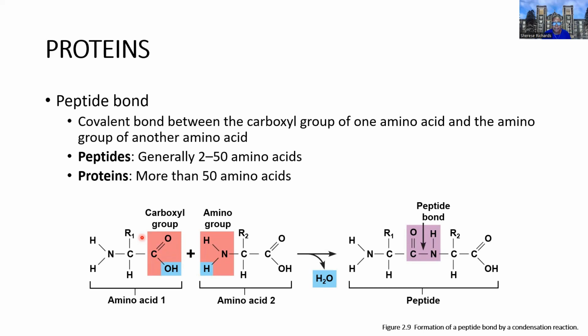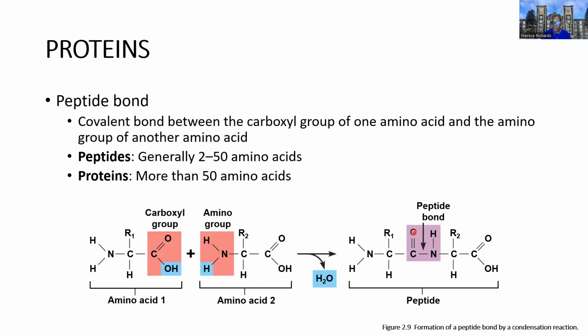Now, there are peptide bonds, which are slightly smaller chains of amino acids or slightly shorter proteins. And so the way that we form them, again, very similar to what we saw with carbohydrates, the covalent binding, which releases water, hence this is a condensation reaction, and then forms this peptide bond.